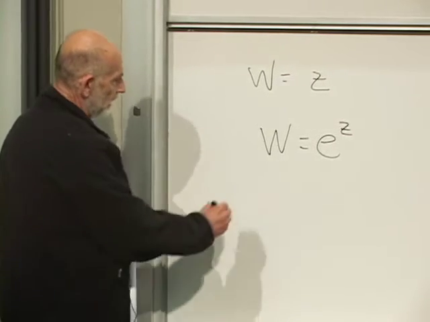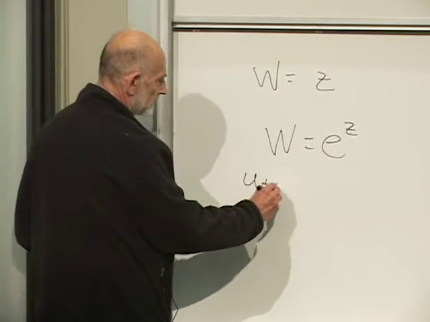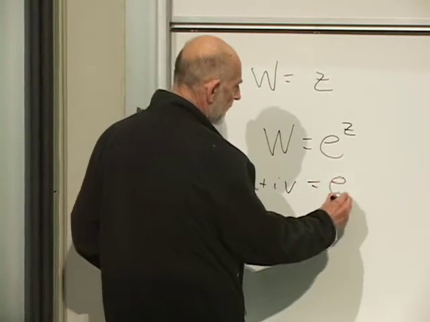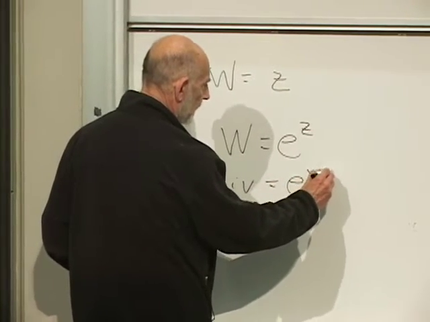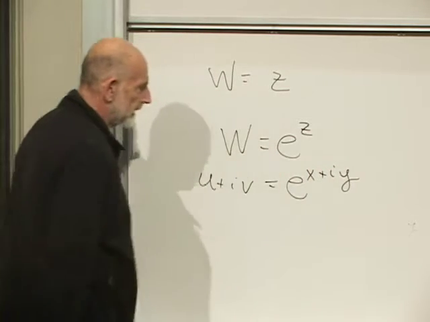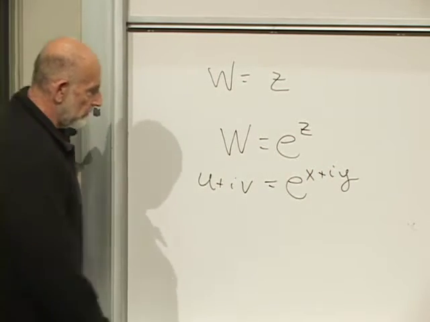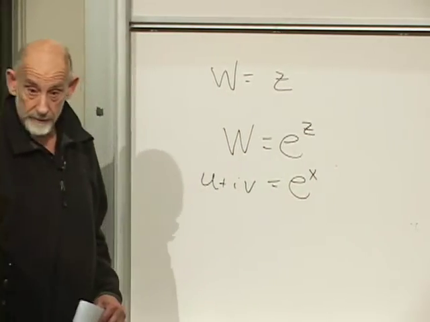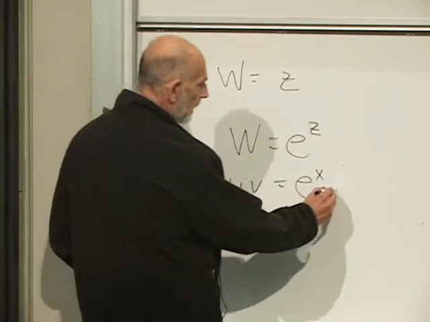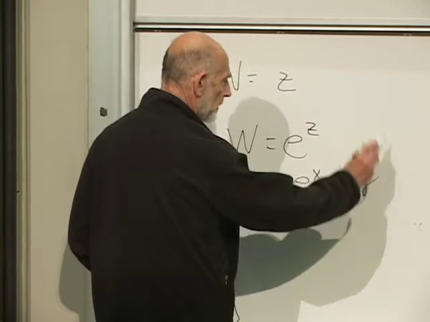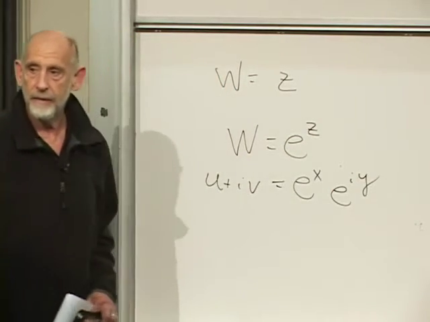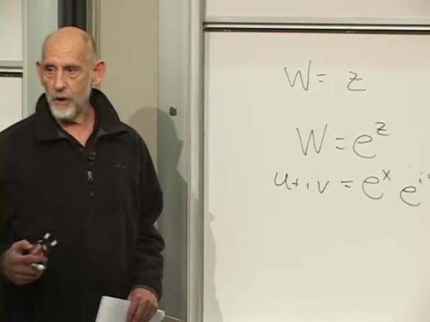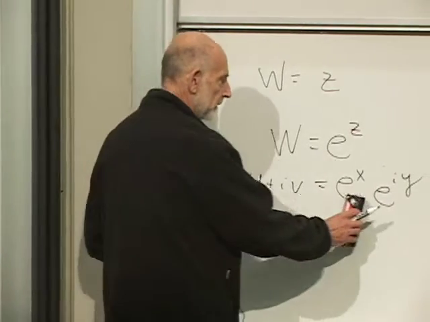All right, so W then is U plus iV, right? What is e to the z? E to the z is e to the x plus iy. That is the same as e to the x, which is real, times e to the iy. Is there another way to write e to the iy? Cosine of y plus i sine of y.